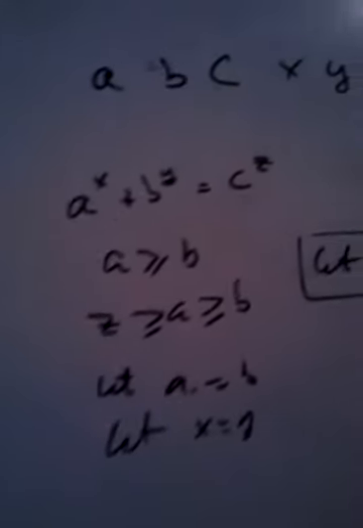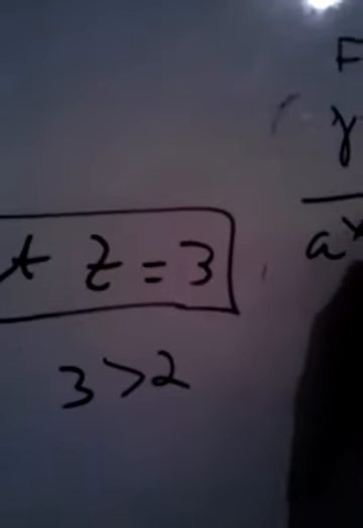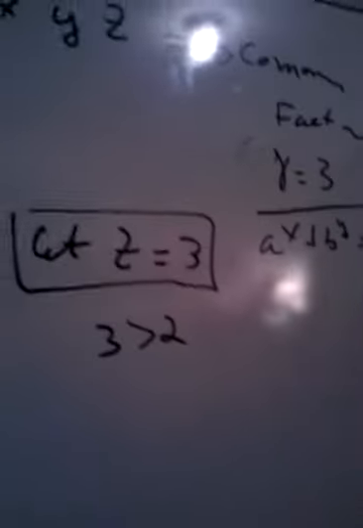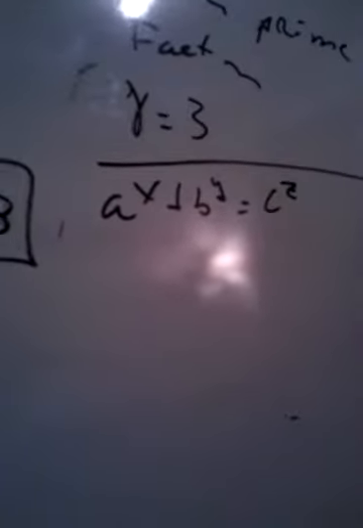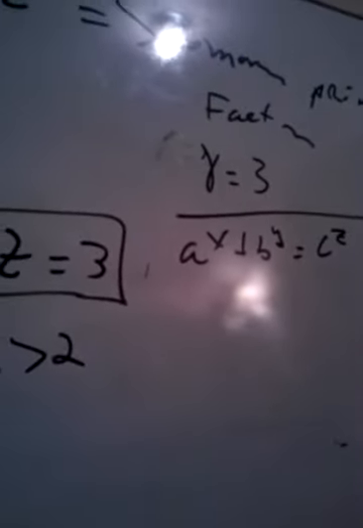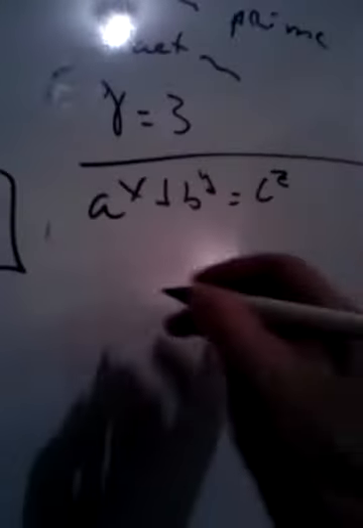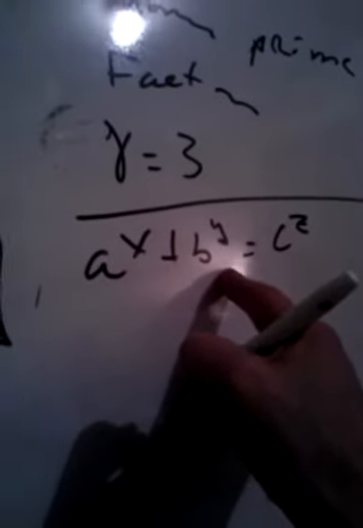The problem then becomes, we can rewrite the original, A to the X plus B to the Y is equal to C to the Z, adopting all of my requirements.